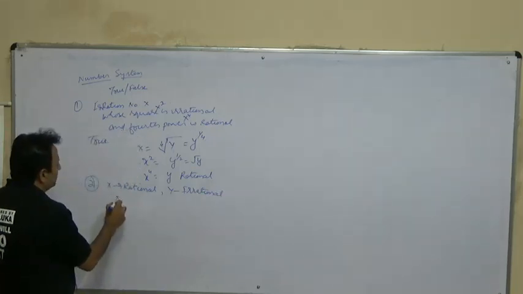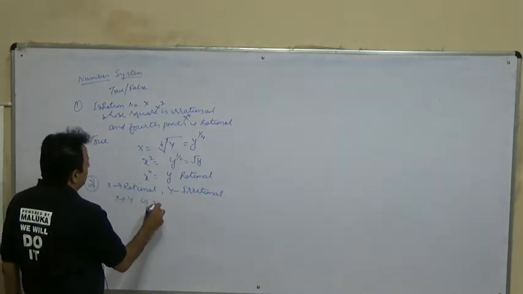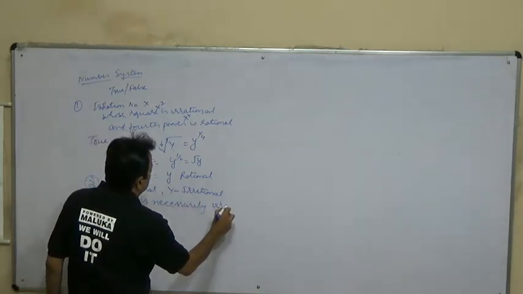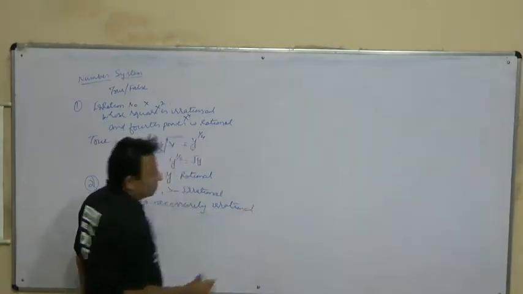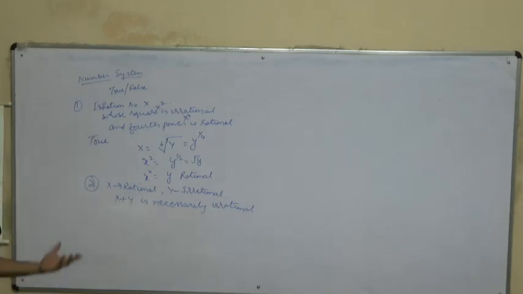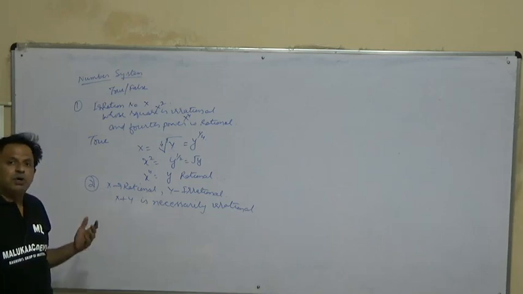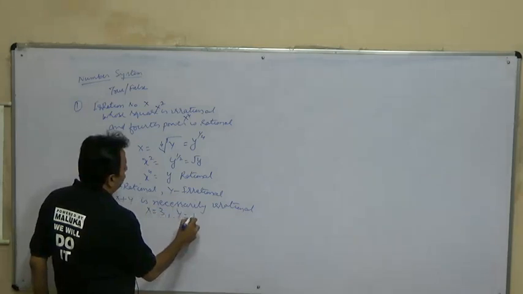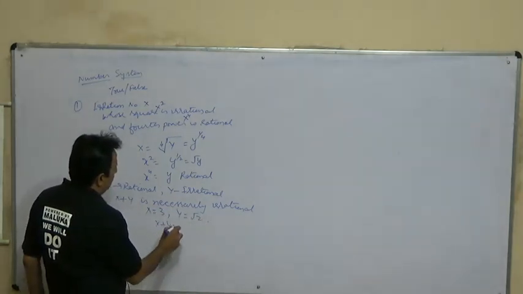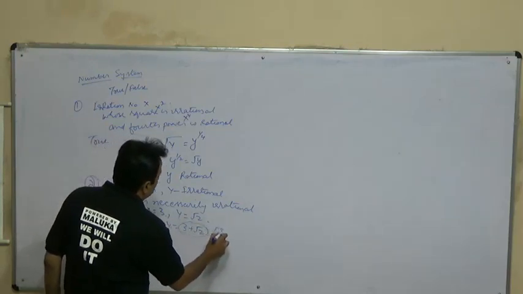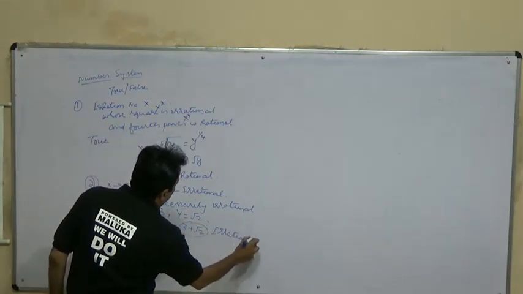So we say x plus y is necessarily irrational. क्या ये सही है? ये हमने पता करना है. x प्लस y हमेशा इरेशनल रहेगा. सो ये सही बात है. कोई भी रैशनल और इरेशनल नंबर को हम ऐड करेंगे, लेट अस से x की वैल्यू 3 लेते हैं, y की वैल्यू √2 लेते हैं, तो x प्लस y क्या आएगा? 3 प्लस √2. सो दिस इज ए इरेशनल. सो ये हमेशा इरेशनल रहेगा.